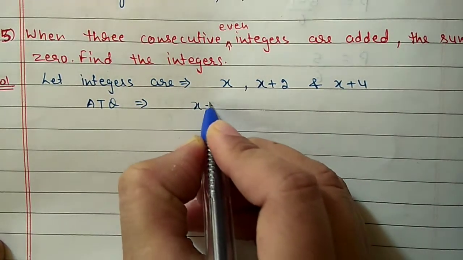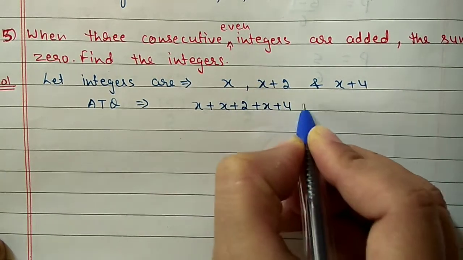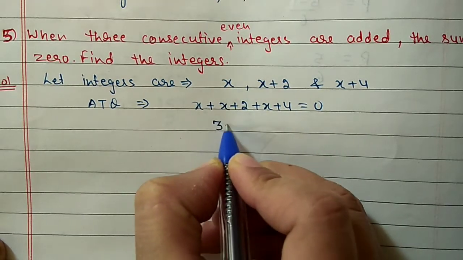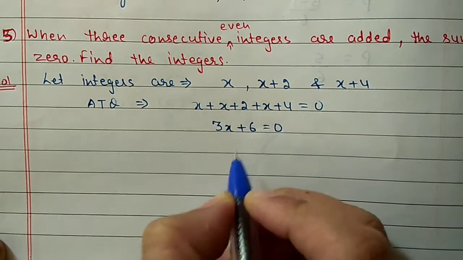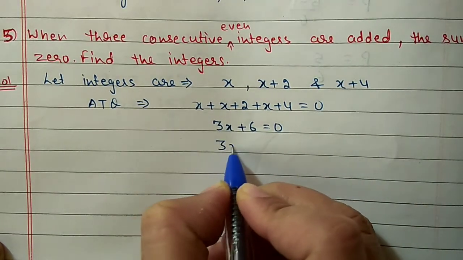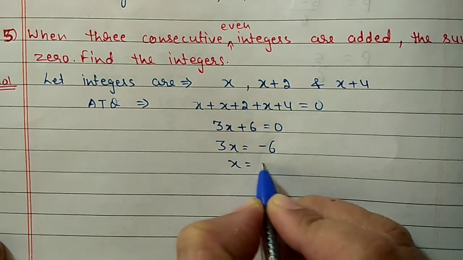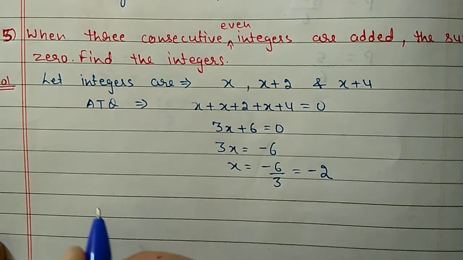So if we add these integers, the answer we will get is 0. x plus x plus x will become 3x, and 2 plus 4 will become 6, equal to 0. This 6 we can shift to the other side, so it will become minus 6. So the x value is equal to minus 6 by 3, equal to minus 2.